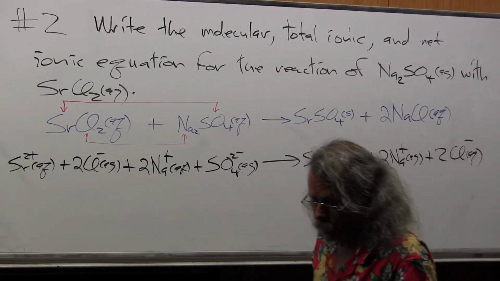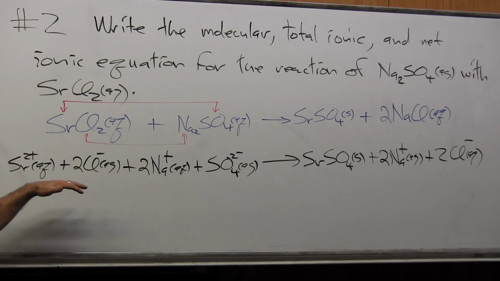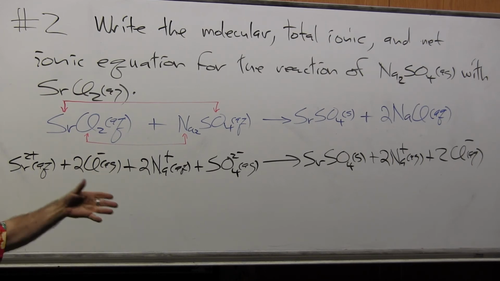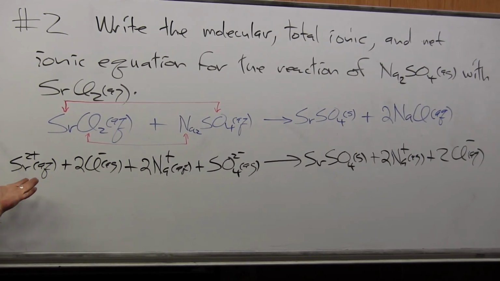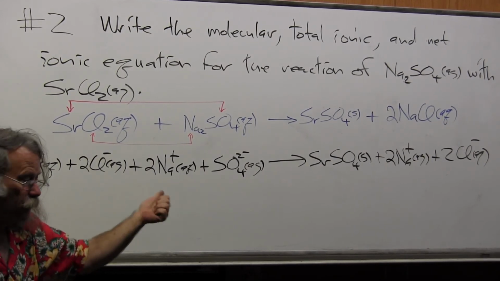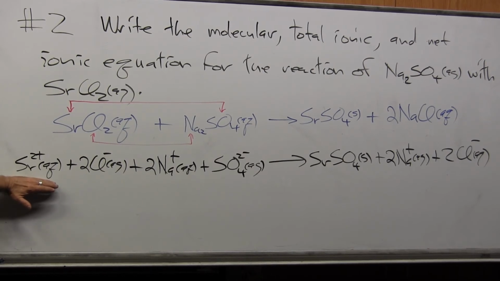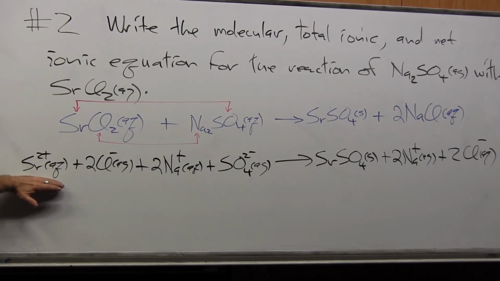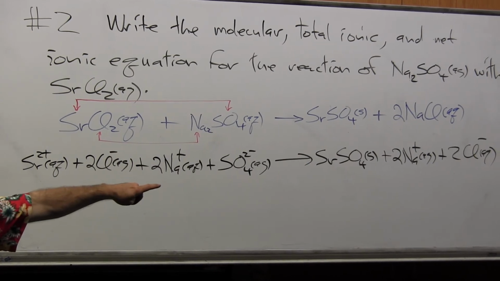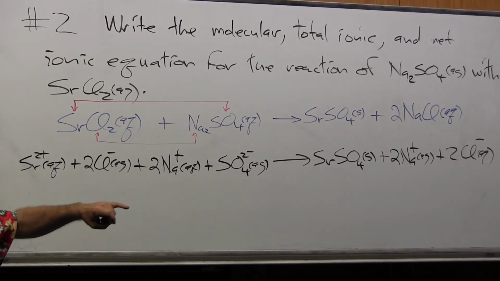Now the net ionic equation is going to contain only the materials that were transformed in the reaction. If there was a transformation, it's going to be in a different form on either side of the arrow. The strontium is a 2+ ion on the reactant side, and it's strontium sulfate solid on the right-hand side. So it is involved in the transformation.